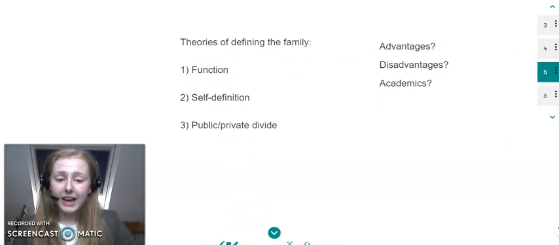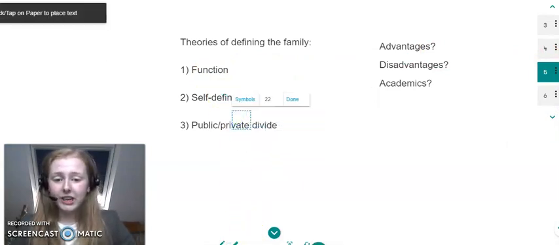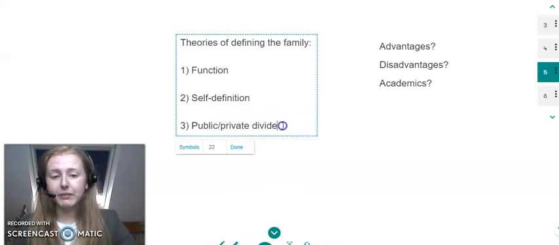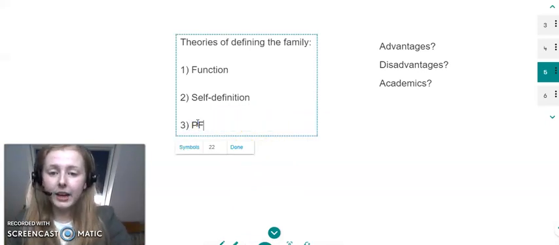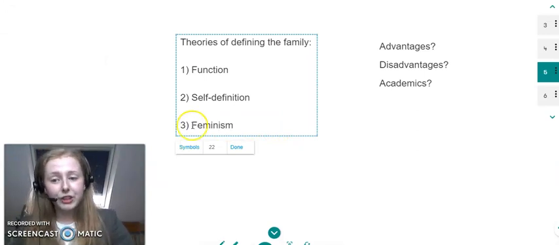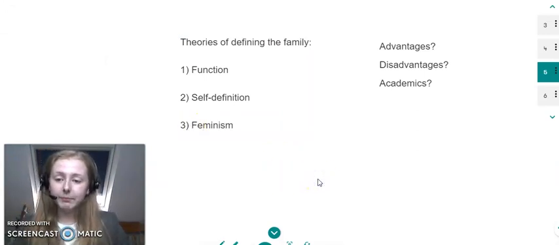Another one I would add, actually, I would potentially change the public-private divide to feminism. I think public-private divide is a very, very tricky one to have, specifically because it's so broad. In 1,000 words, I think feminism is potentially a less intense one.